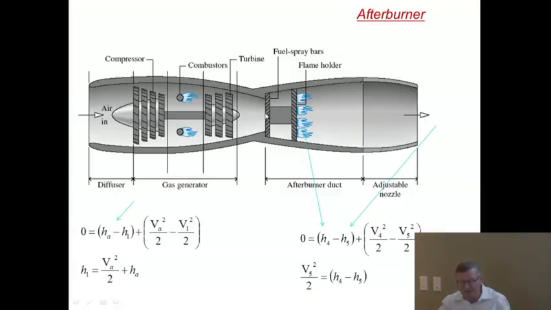What you can do is you can have a second array of fuel spraying bars, and you can then put a second flame here that increases the enthalpy just by heating. So what you basically do in the afterburner is you add H4 minus H5, which is going to be here. H4 comes out of there. H5 is in here.